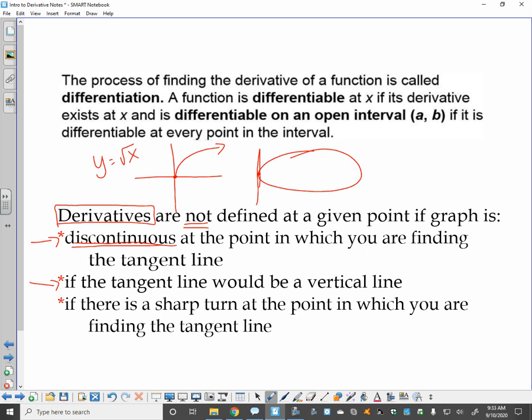The one that pops out to me is absolute value of x. He has a sharp turn at 0. So I can get you the derivative of the absolute value of x, but you can't evaluate it at 0 because there's a sharp turn. So you have to be continuous. You cannot have a vertical tangent line, and you cannot have a sharp turn.